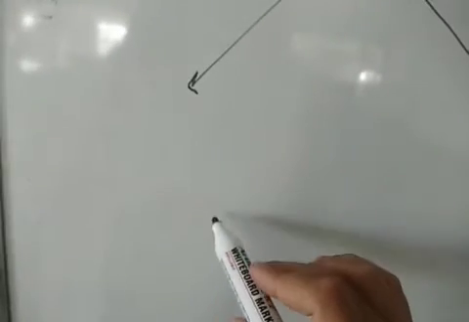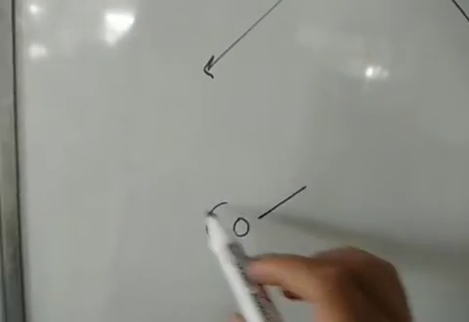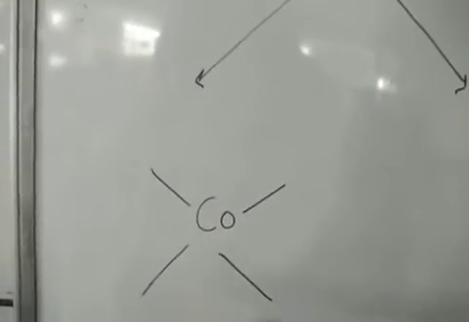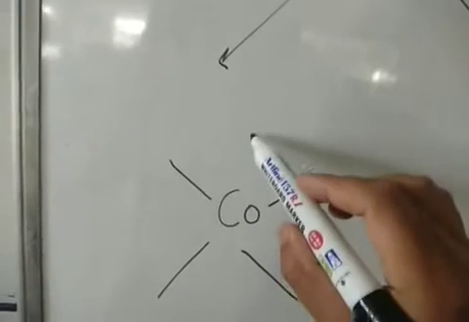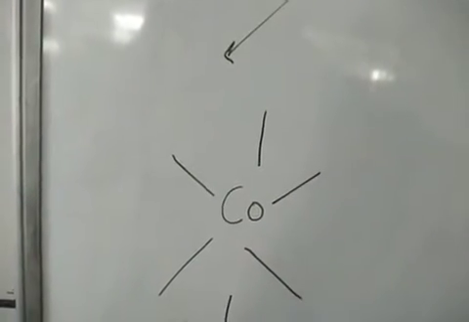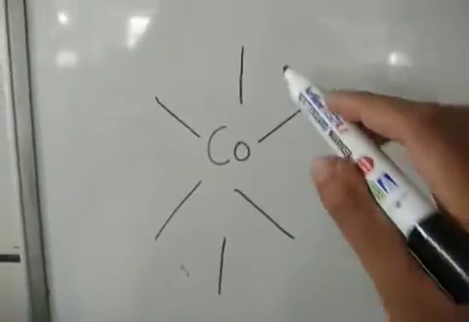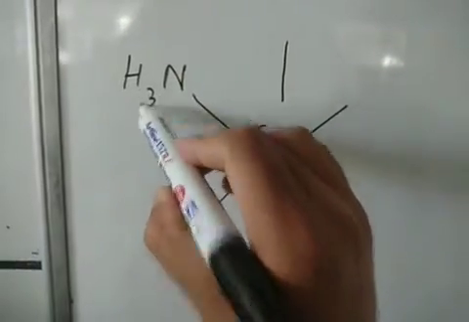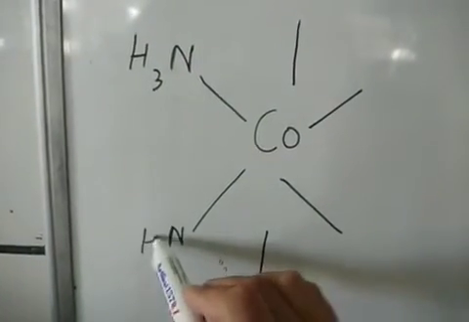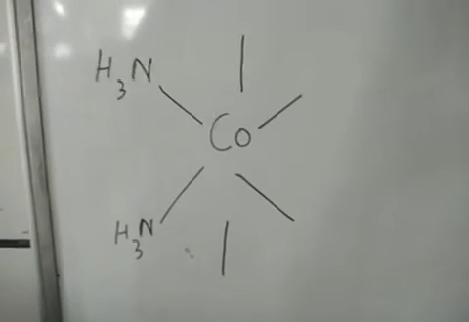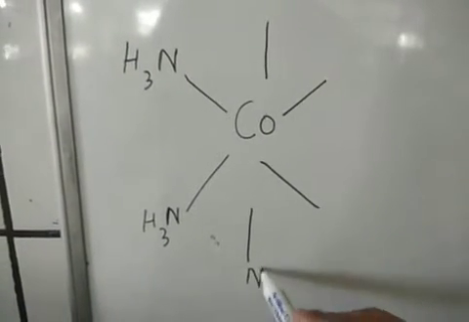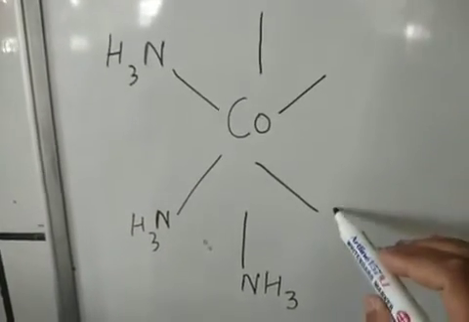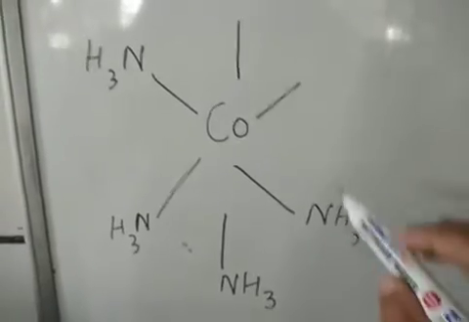It's very simple. If you have cobalt here and then 4 ligands are on the plane, fine, 4 ligands are here, so this is your 5th above the plane, this is your 6th below the plane, and then if we have an arrangement like this, this is 1 ammonia ligand, this is another, and then 1 is here, then we have another here.